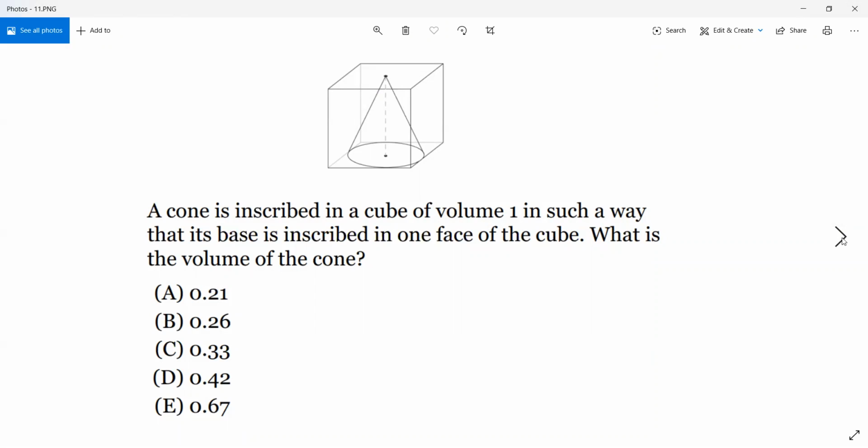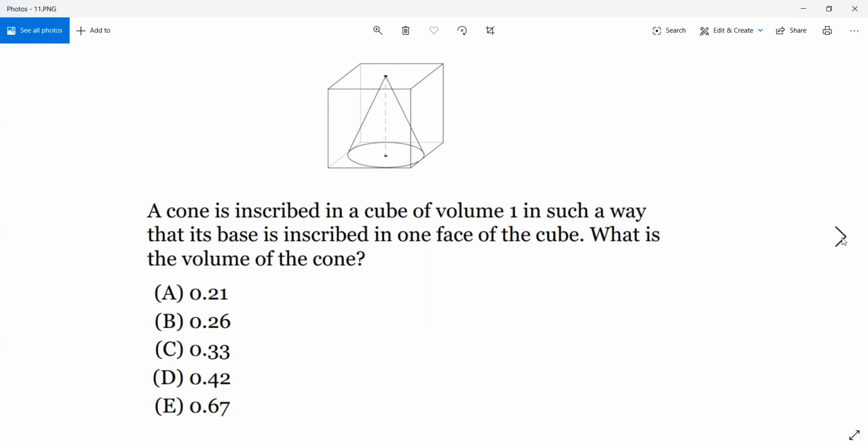So in this question, a cone is inscribed in a cube, right? The cone is inscribed in such a way that you can see that the circular base area of the cone is totally inscribed in one of the faces of the cube, which is the base of the cube as well.